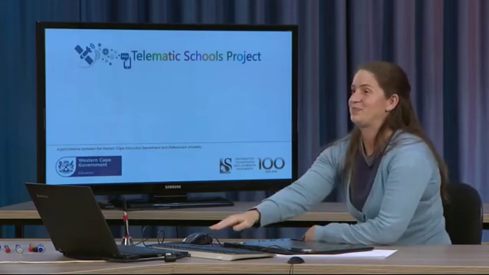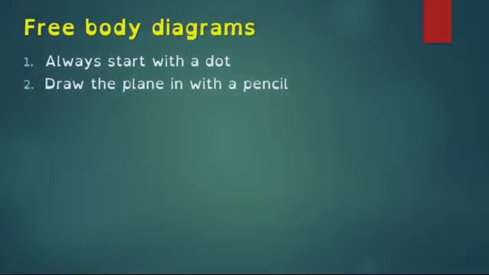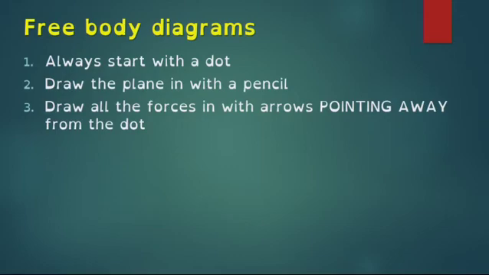I hope that makes a little bit more sense. So then we are going to draw all the forces, and the arrows are going to point away from the dot. Guys, again, one of those things that I cannot tell you enough. When you draw a force, even if it is a pushing force, the arrow has to point away from the dot, representing the object the forces are acting on.